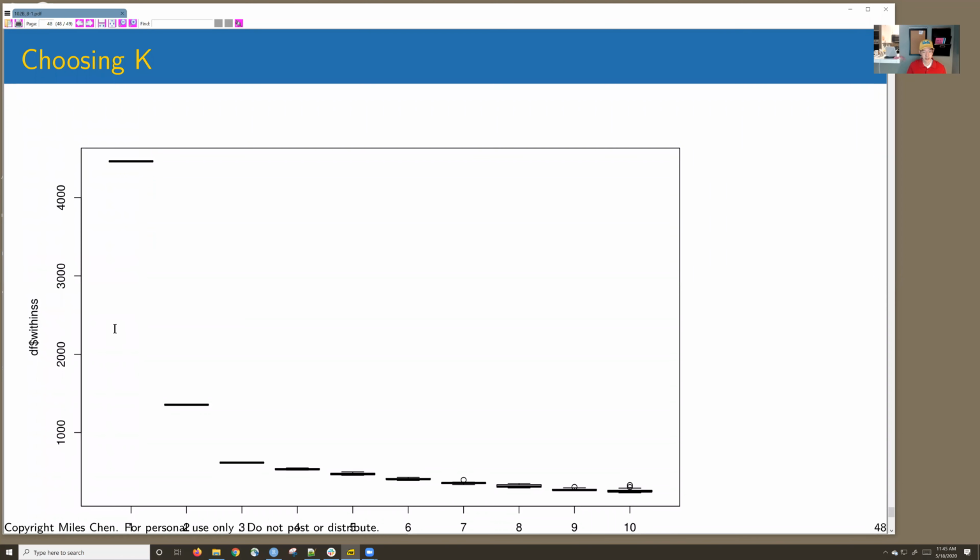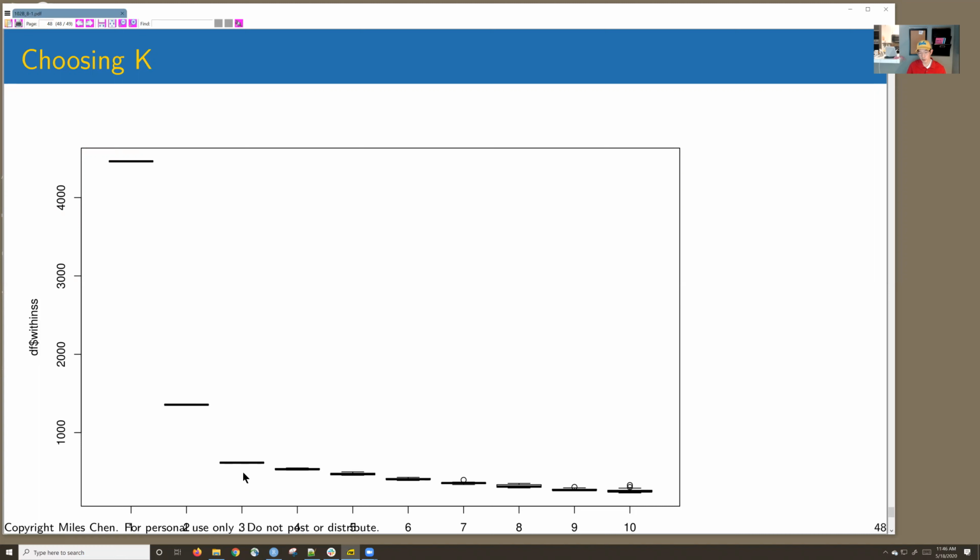Okay, so here's a plot of all of the within sum of squares results for different values of k. We can see going from k equal to 1 to 2, there's a huge drop. Going from k equal to 2 to 3, there's also a very big drop.